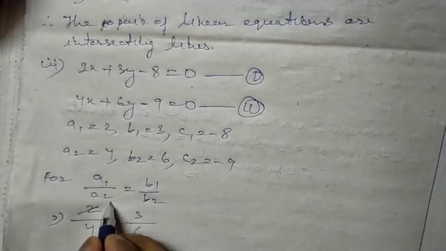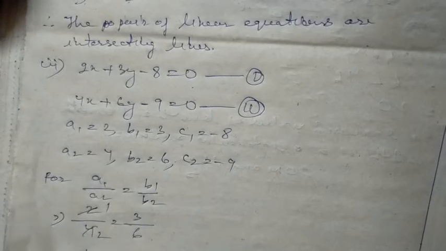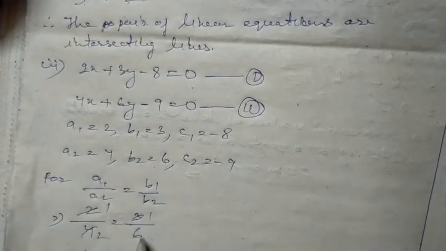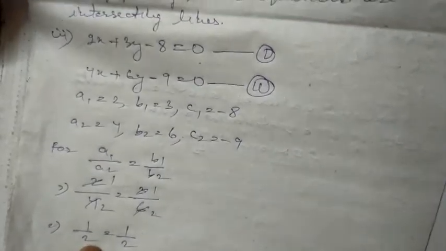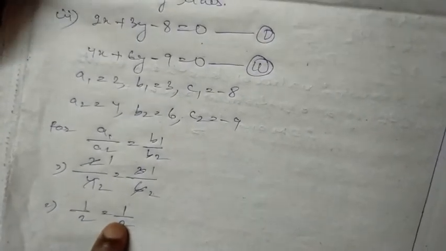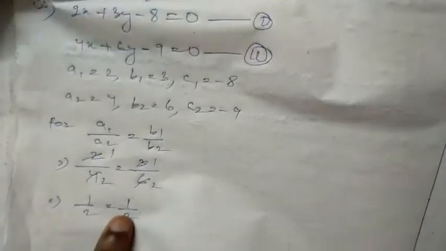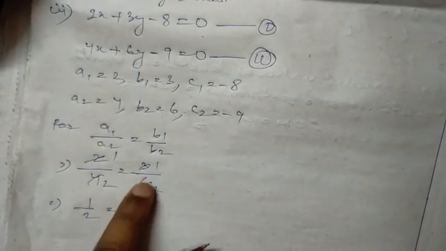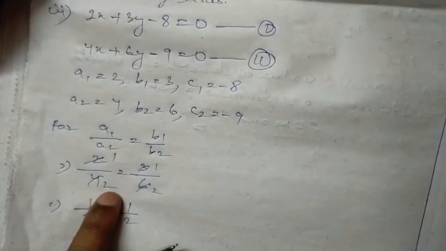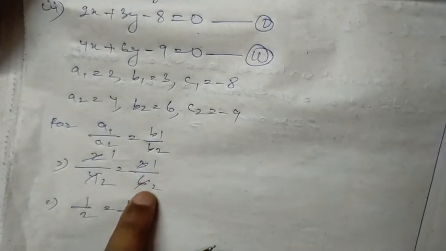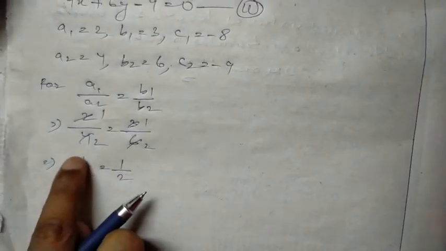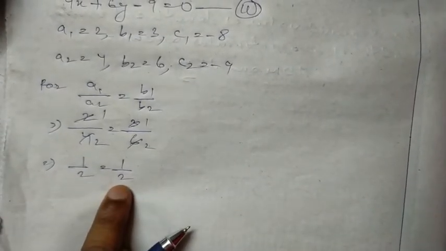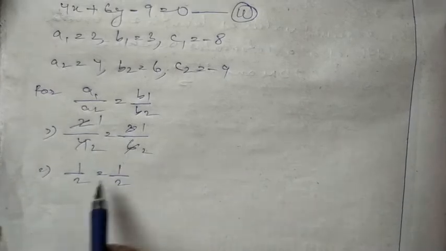Cancelling, 2 ones are 2, 2 twos are 4, it will be 1 by 2; 3 ones are 3, 3 twos are 6, it will be 1 by 2. So the two ratios are equal.